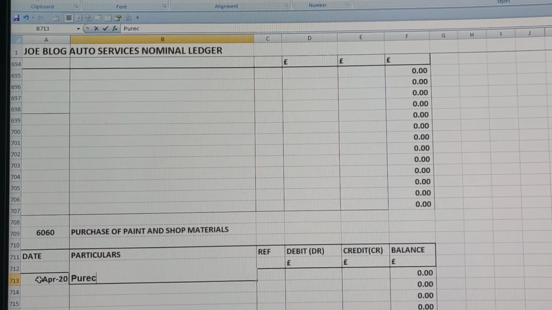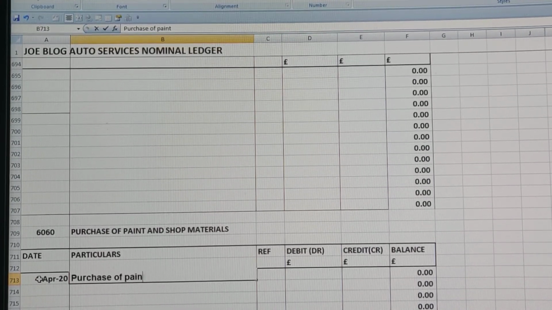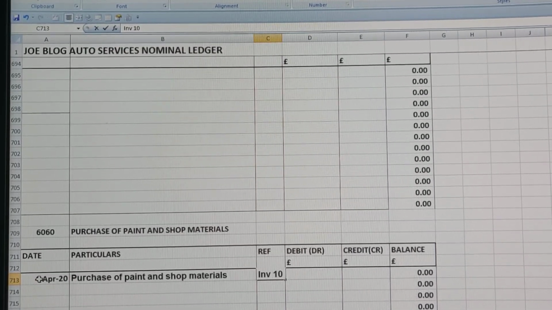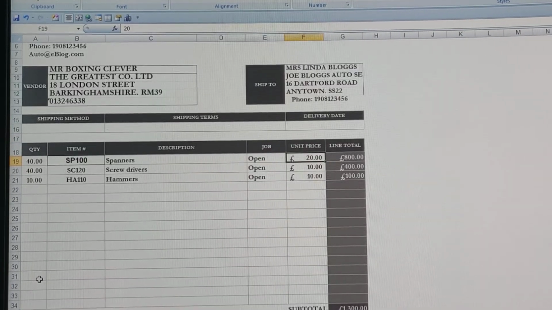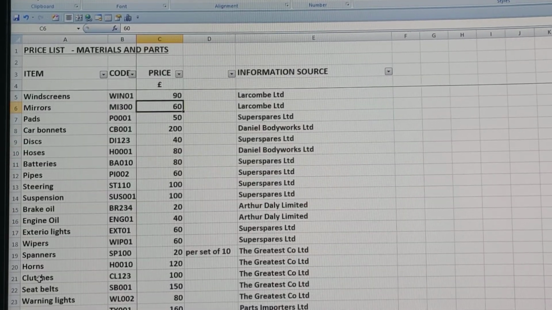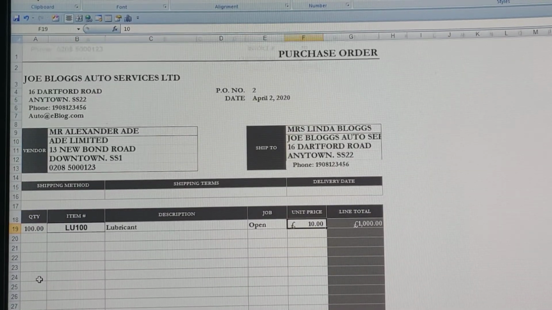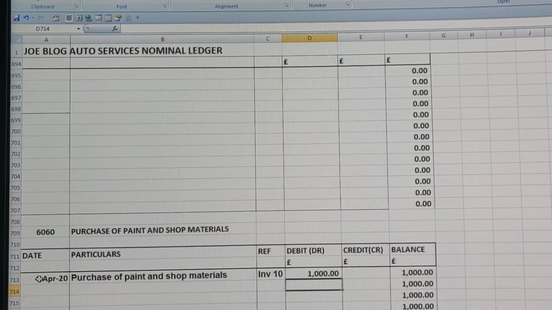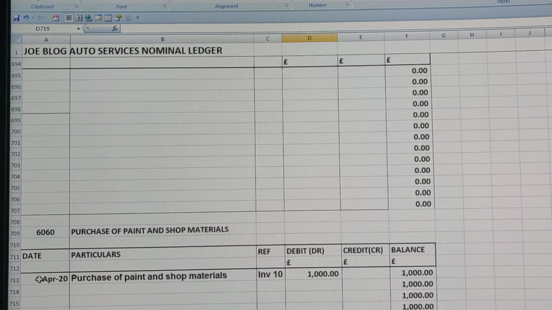Purchase of paint and shop materials. Yeah, invoice number 10. Now, the VAT exclusive amount is £1,000. Okay.